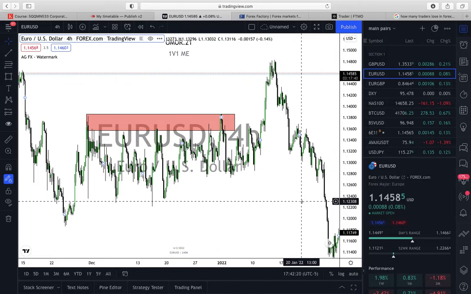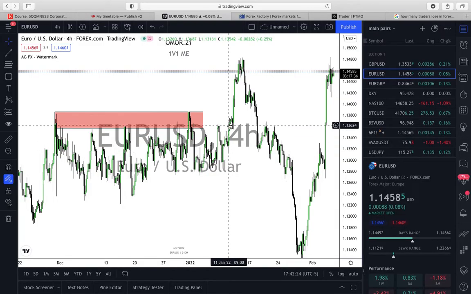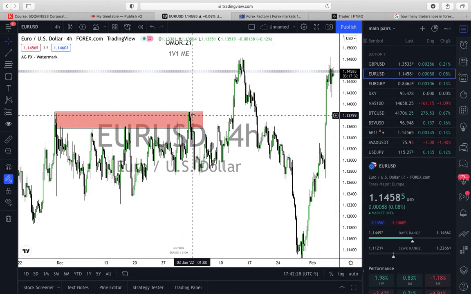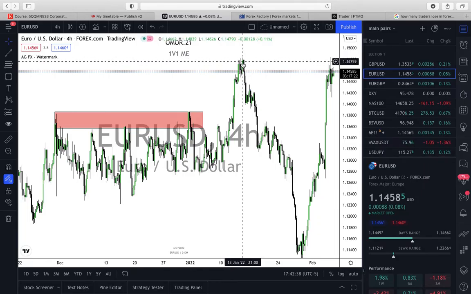But let's add some logic to that. Okay, price goes all the way up, triggering all these buyers to enter the market. Now, when you want to sell, what do you need? Buyers. How many people are buying?